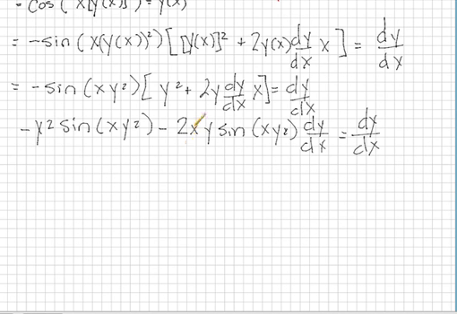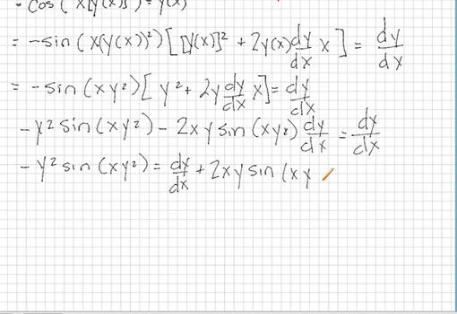Let's go ahead and add the 2xy sine xy squared to both sides so that we can get both of these dy dx terms on the same side. So the whole expression turns into something that looks like this. We will have dy dx plus 2xy sine of x times y squared times dy dx.